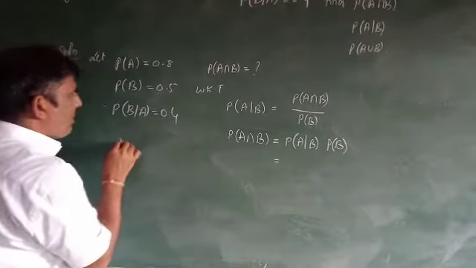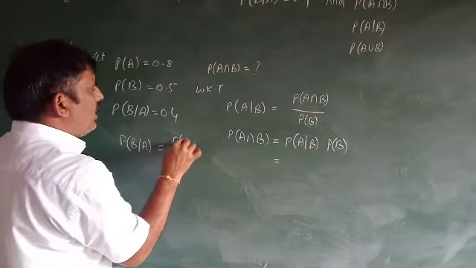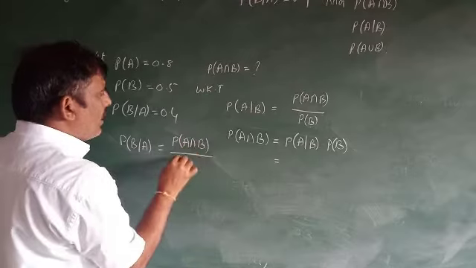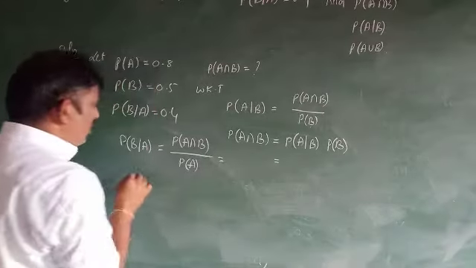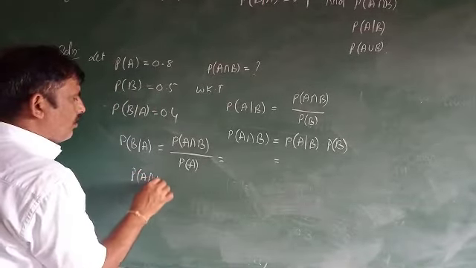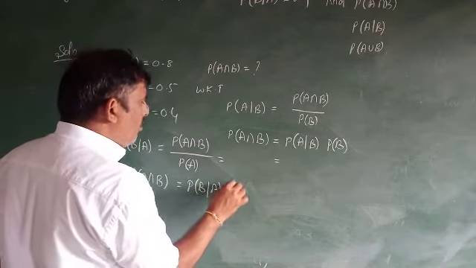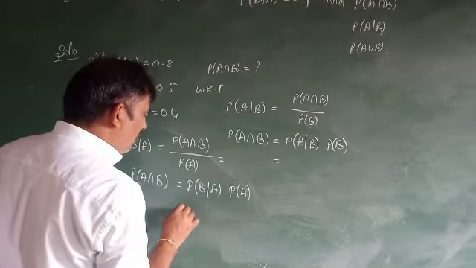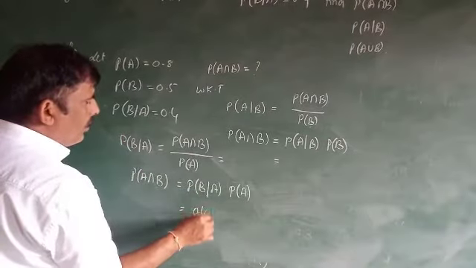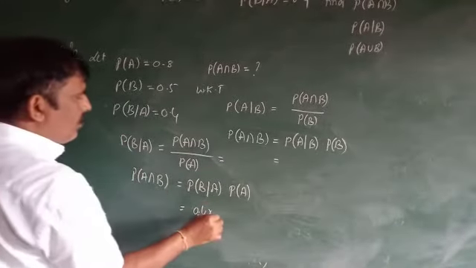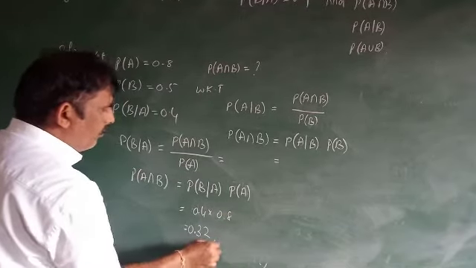So probability of B bar A is equal to probability of A intersection B divided by probability of A. Therefore probability of A intersection B is equal to probability of B bar A into probability of A, which is 0.4 into 0.8, equal to 0.32.